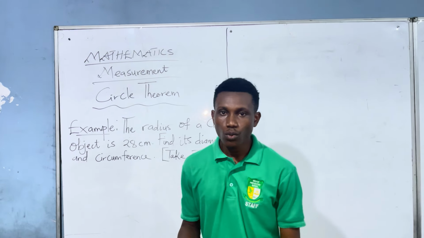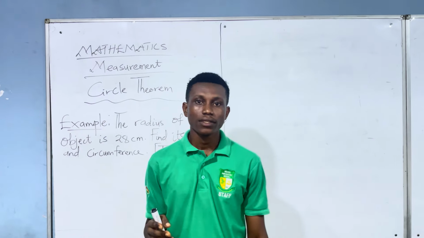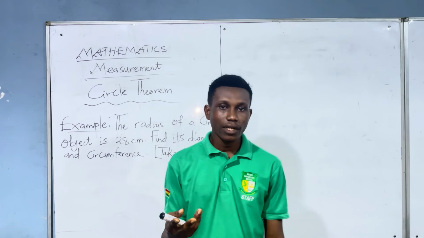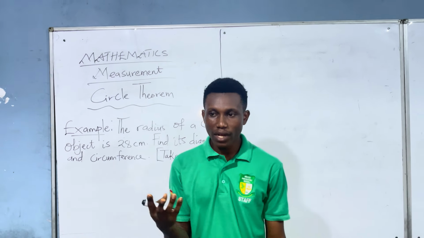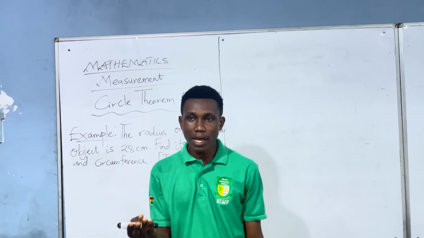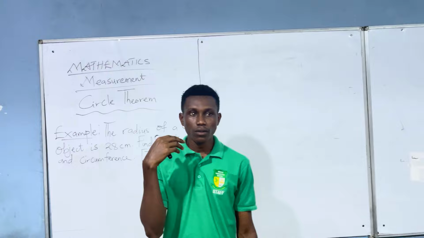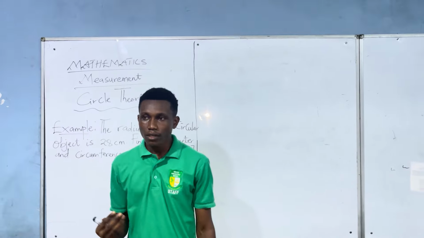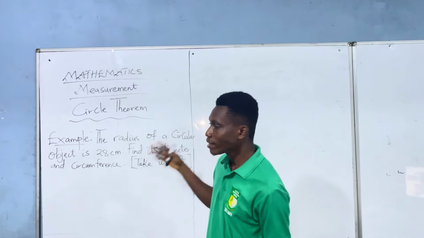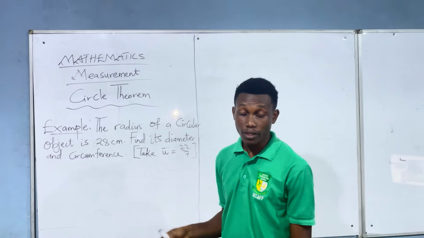And you realize, as I mentioned earlier, that pi is an irrational number, so we can't put it in a simple fraction like 1/2, 1/3, or 3/4. But someone will ask, why then do we put it as 22 on 7?